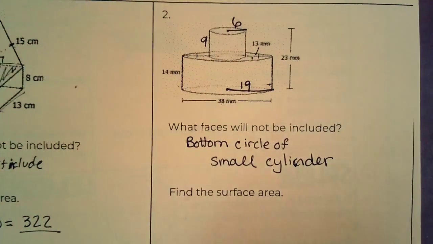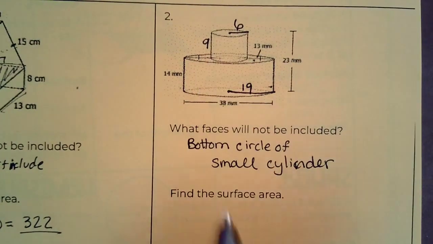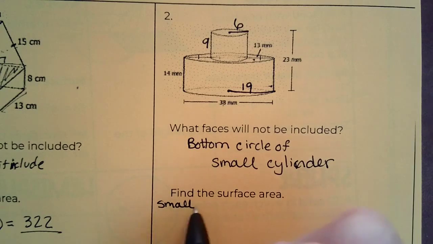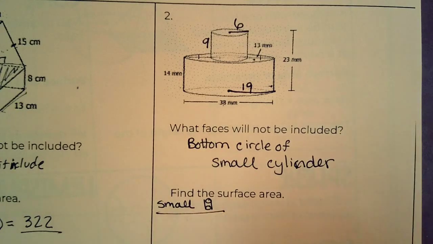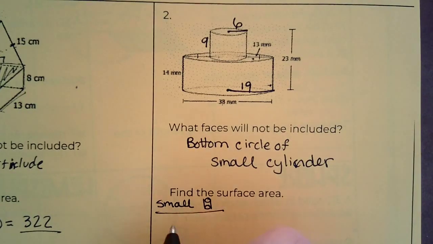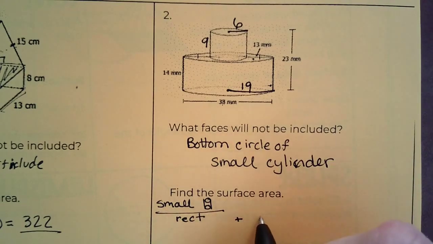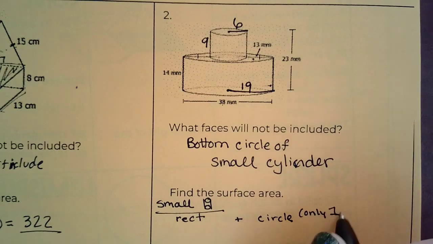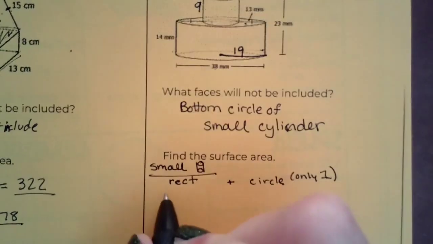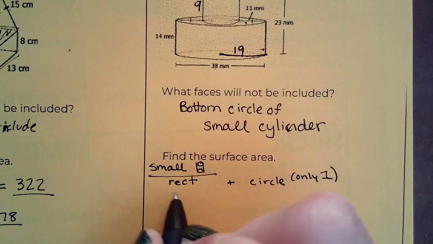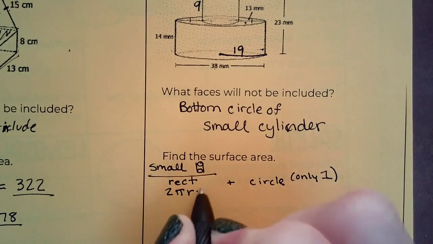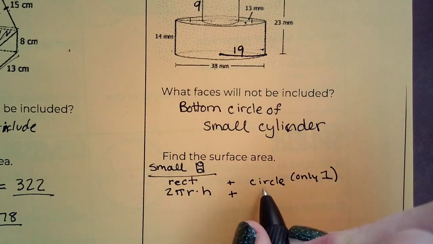So let's begin finding the surface area of the top cylinder. For the small cylinder, let's abbreviate with this little sketch. Small cylinder, we'll do the rectangle plus the circle, so only one of them though. The rectangle would be base times height. The base is the circumference, so 2 pi r times height, plus the circle, only one of them, so pi r squared.